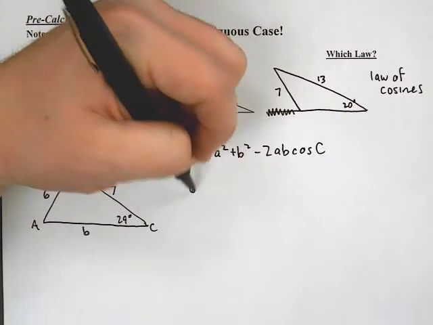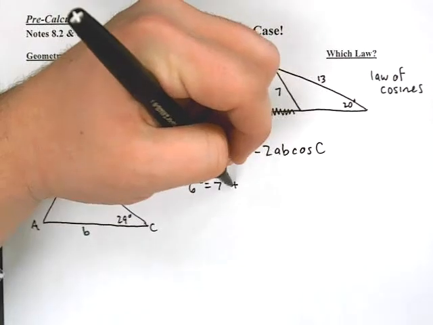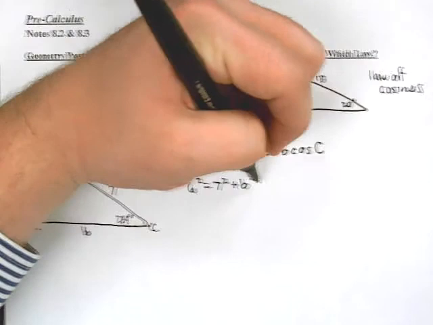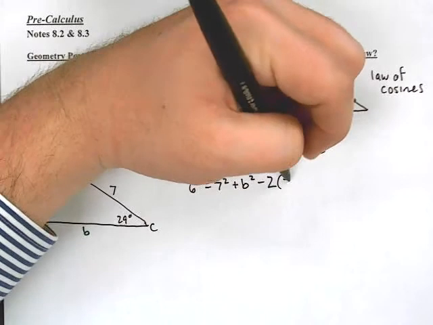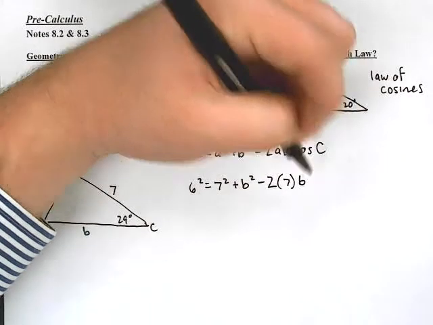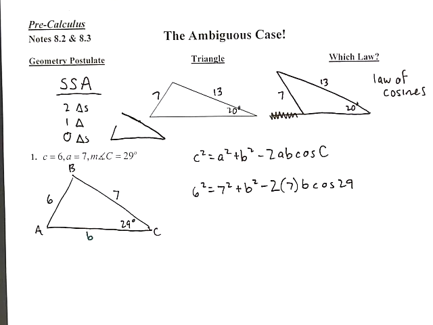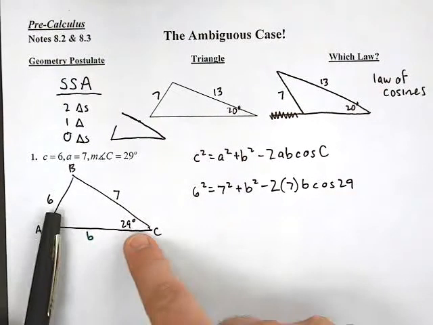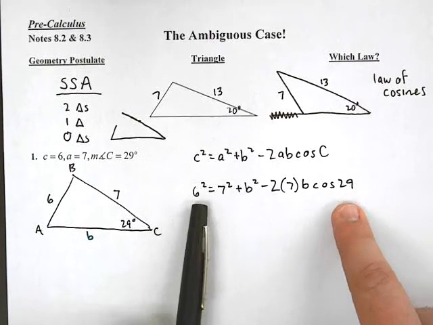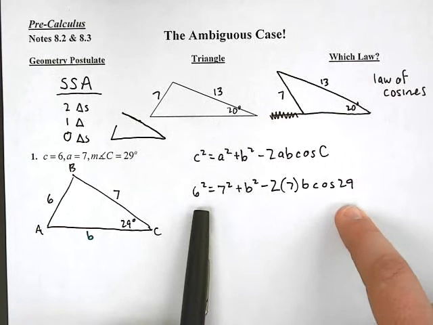So 6 squared equals, I could go 7 squared, I would leave my b, and then I would have 2 times 7, still times b, and now cosine of 29. All right, so I know this is kind of goofy, but because we know this pairing, we can plug both of those values into the outsides of my formula.